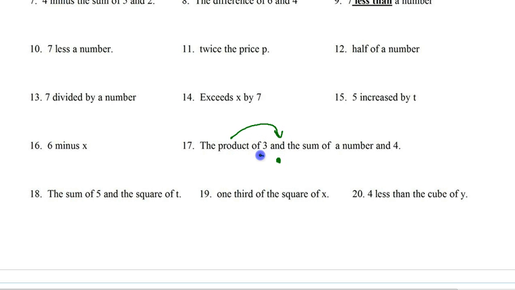It's the product of 3 and, oh, there's a sum of a number, and sum means plus, so I put a plus there, and a 4. Alright, that's it. Now, like I said, you're supposed to put parentheses, but if you put a bracket here, it doesn't change anything, so you don't need it. The one you do have to have is right here, because you're multiplying 3 to this sum, so it has to have a parenthesis there.